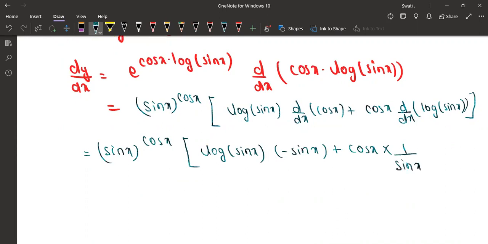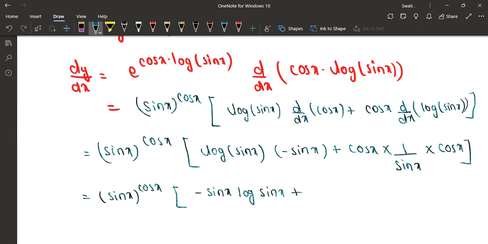And by chain rule, derivative of sin x is cos x. So this will become cos x. And now we can write down this as sin x raised to cos x. In bracket, we have minus sin x log sin x plus here we have cos x into cos x.